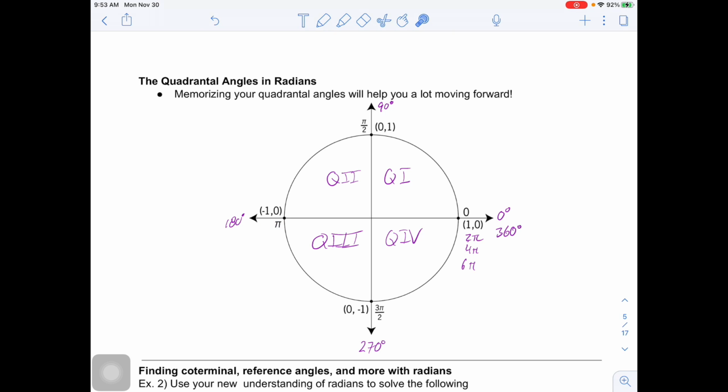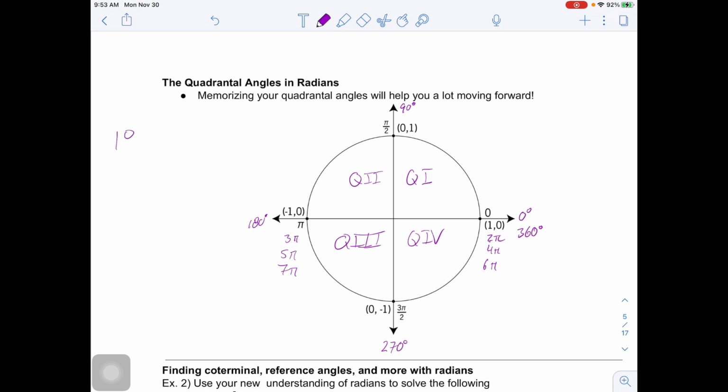Over here, on your 180 degrees, it always has an odd number in front. So going halfway around would be pi. Going all the way around again, this would become 3 pi, then 5 pi, 7 pi, so on and so forth.